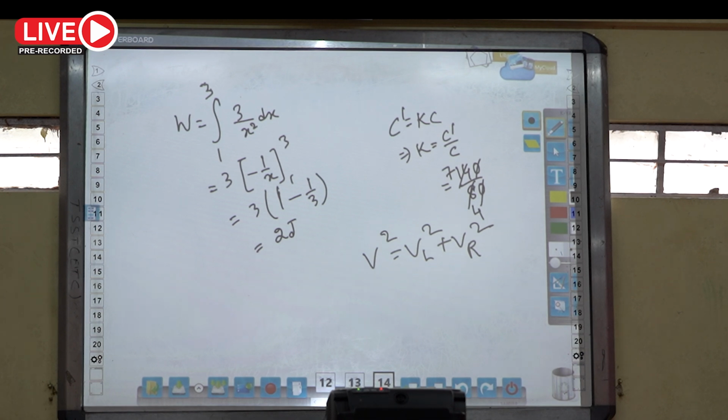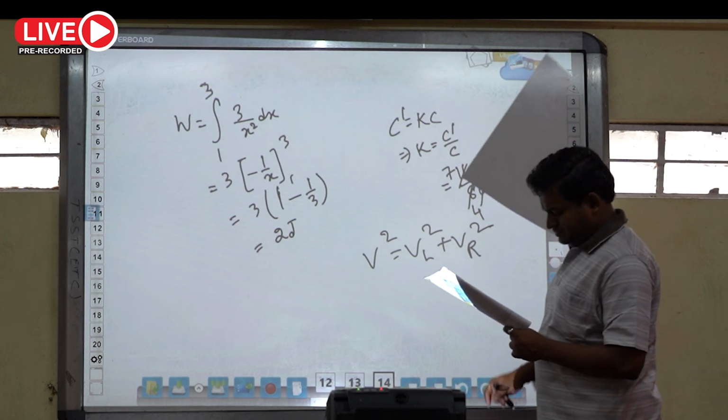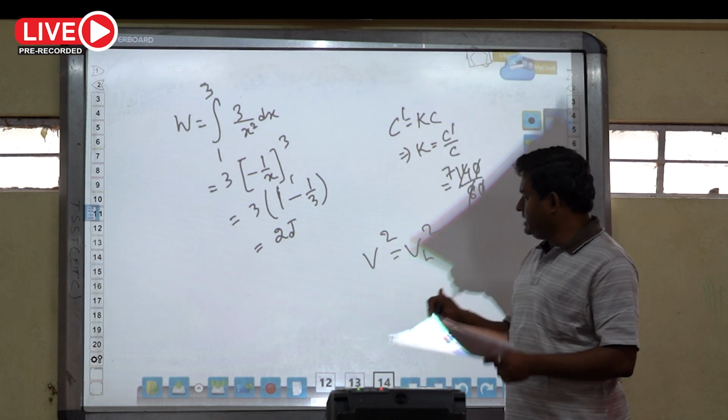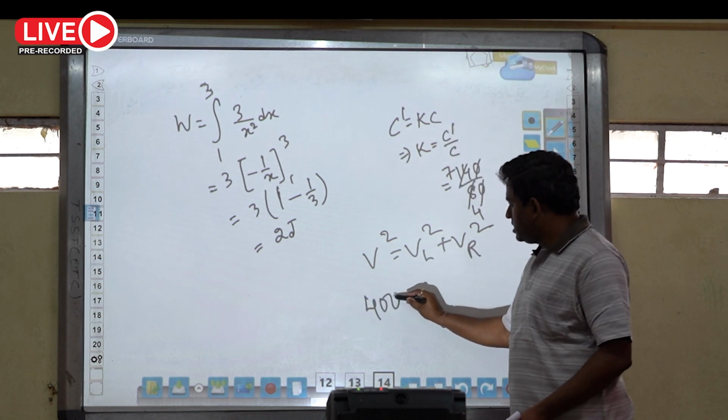You cannot add simply V equal to VL plus VR, because there is a phase difference because of the presence of the inductor. So V is given 20, so it is 400.